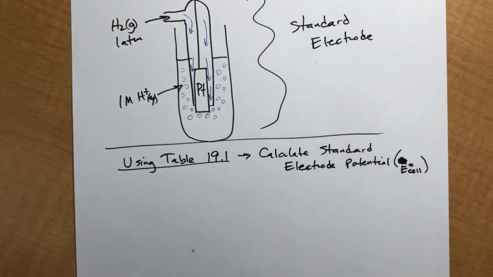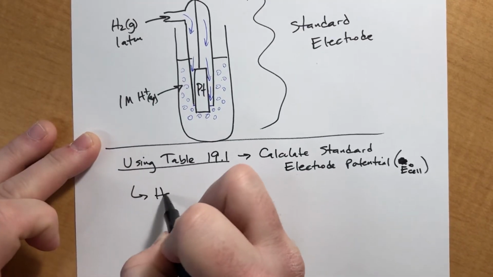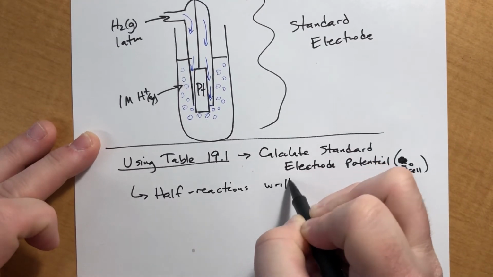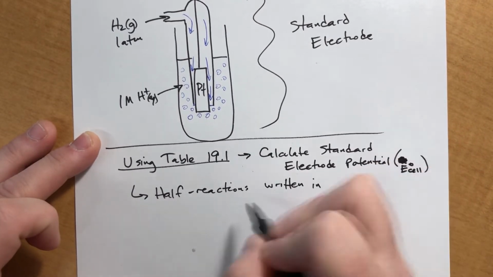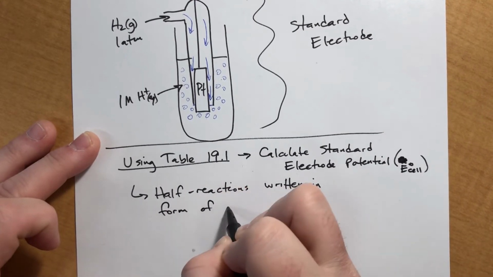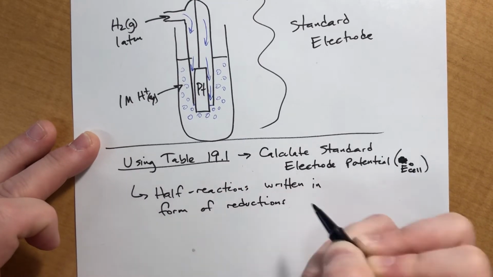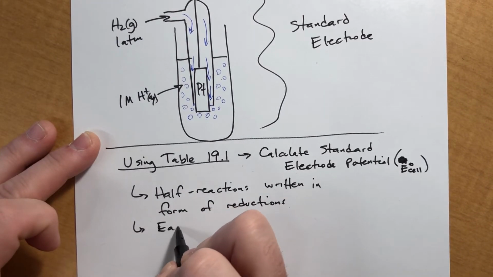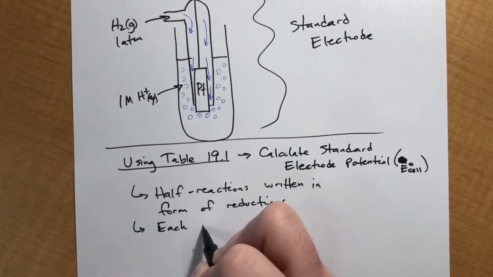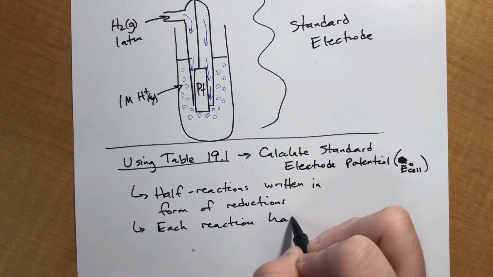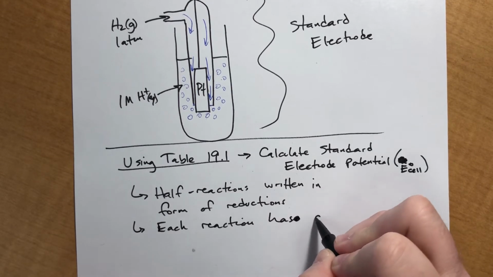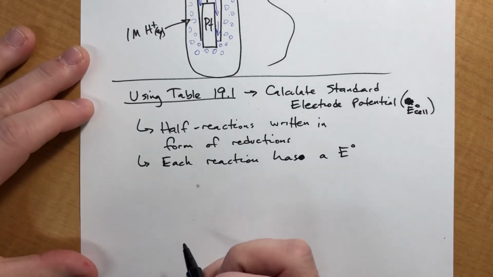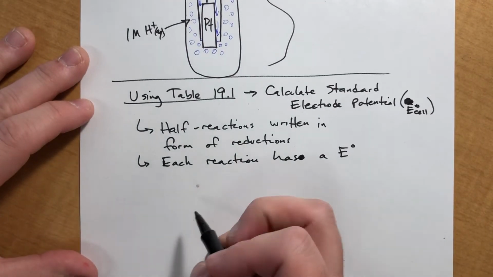Let me write some of that down here. It's a big long list of half reactions written in the form of reductions, and each half reaction has a cell potential. Literally, it's not that difficult. You take the right minus the left is essentially the gist here.